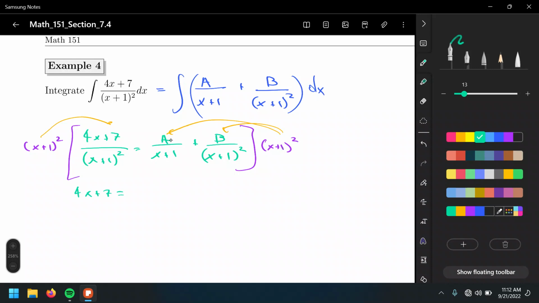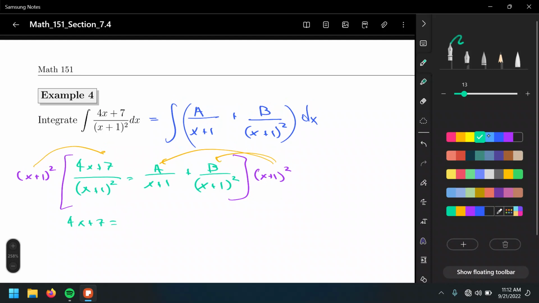And when we distribute over the first term on the right hand side, essentially this has an invisible power of 1. x plus 1 squared over 1 cancels 1 power, leaving us with 1 power in the numerator, multiplying the A. And when we distribute for the second term on the right hand side, see how both cancel, leaving us with B. And again, this equation has a special name.